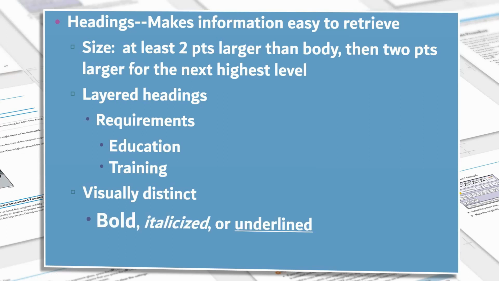Bold, italicized, underlined, some combinations thereof. Again, if you look at the syllabus, I use capitalization, all caps sometimes. I use bold sometimes. I use italic sometimes. They're all the same font, so they all have a similar look, but they're different enough to where your eye can see it and immediately see it. Keep in mind, sans serif font.